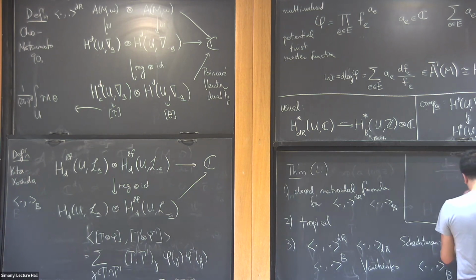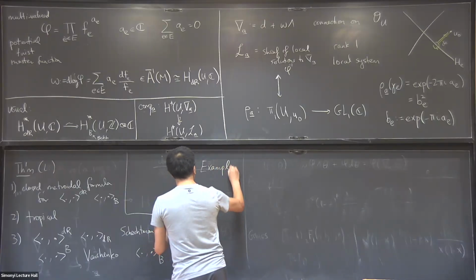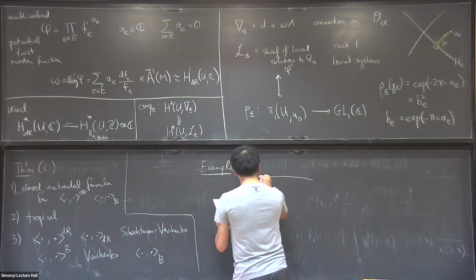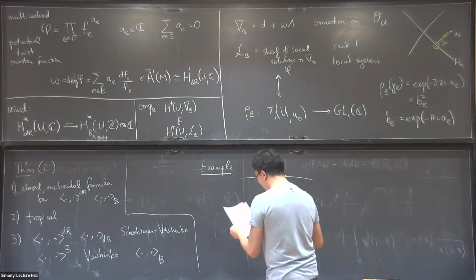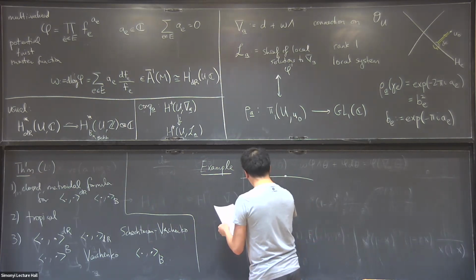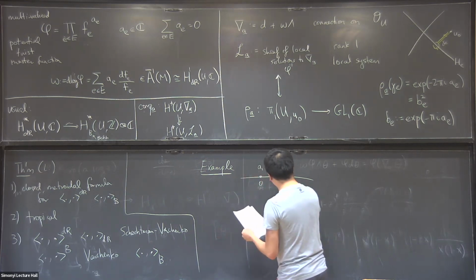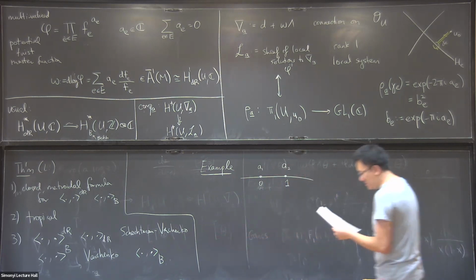Let me just quickly give this one example, and then I'll stop for the first half. We'll take the Betti arrangement. Let's have 0 and 1, and let's associate the parameter A1 to this point, the parameter A2 to this point.